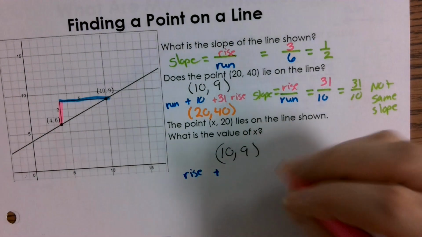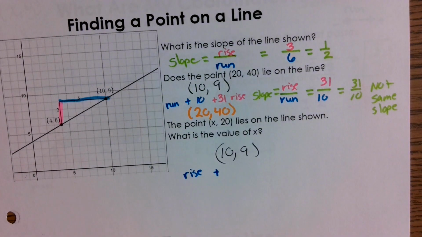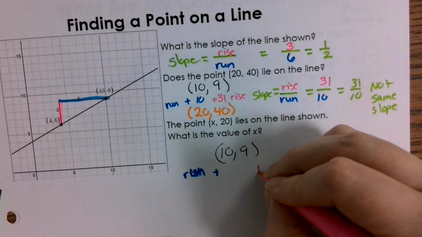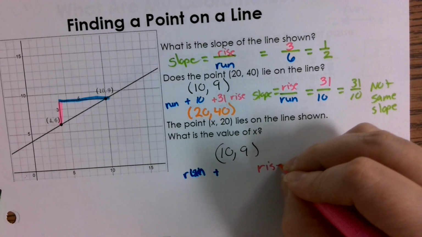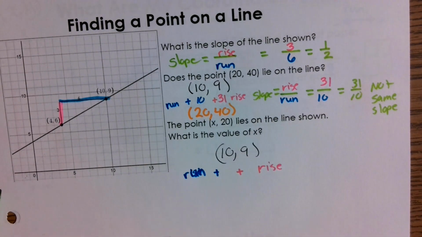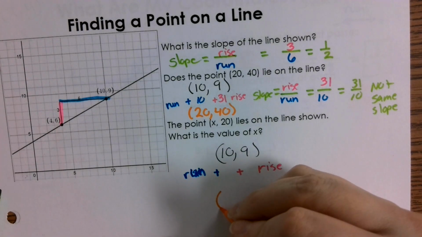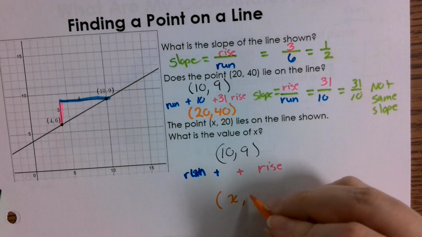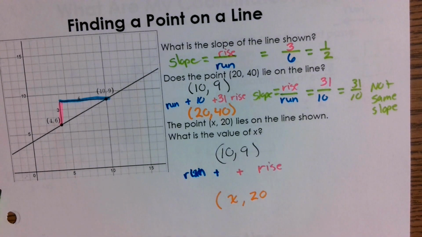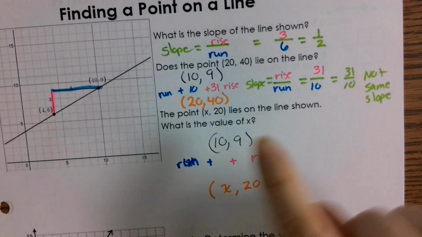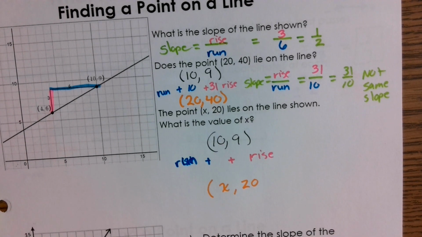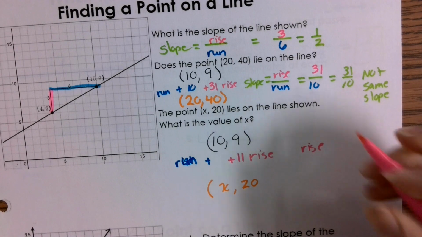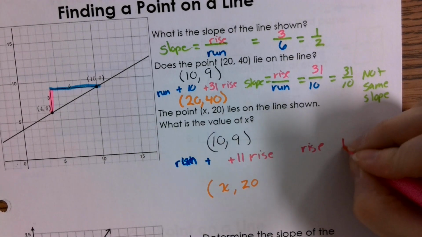What I'm wanting to end up at is some value of x and then the value 20. So my rise wound up increasing by 11, because 9 plus 11 gives me that 20.